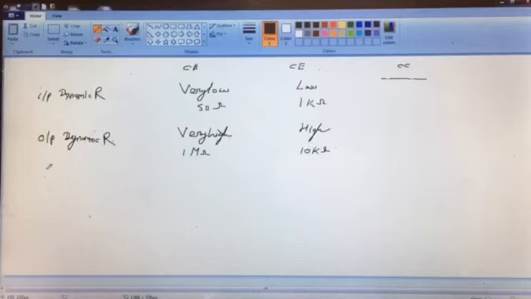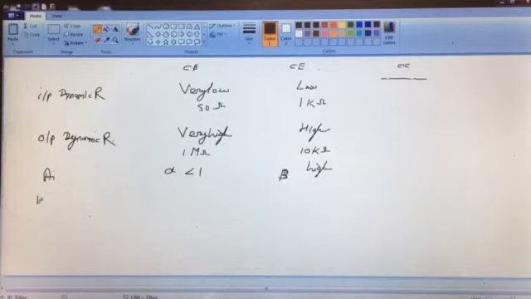Current gain AI will be less than unity in one case, while the current gain is high in the other. Here the current gain is beta and here the current gain is alpha. So current gain in common base configuration is less and in common emitter configuration is higher.